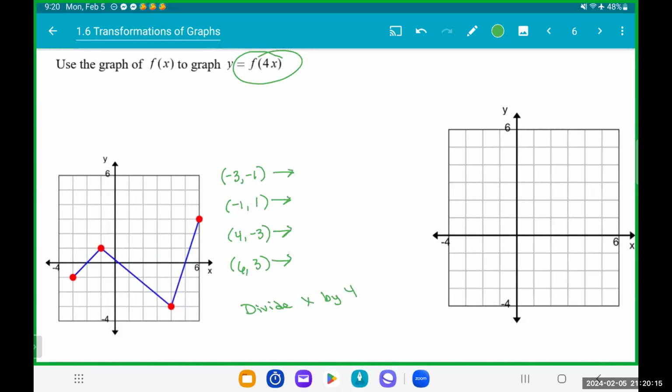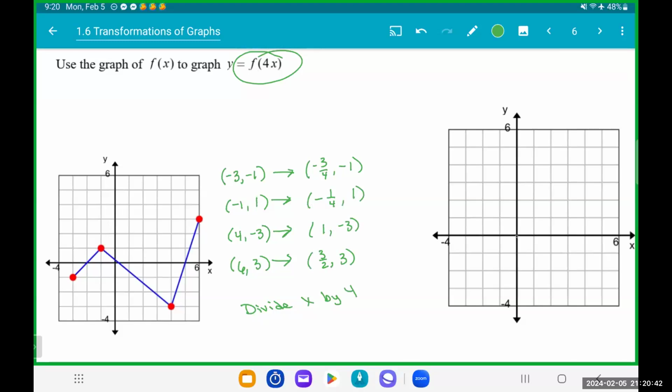So this would be -3/4, -1. This one would be -1/4, 1. This would be 4 divided by 4 is 1, -3. And this one would be 3/2, 3. So now we can plot these points.